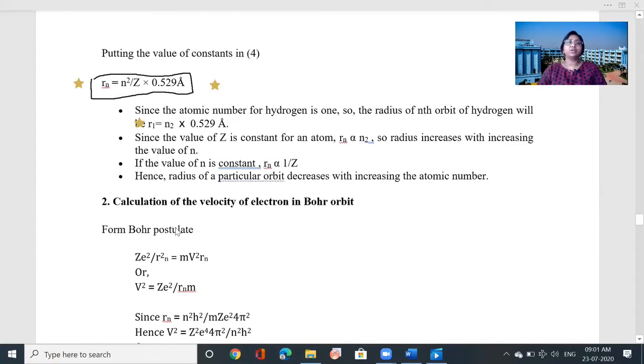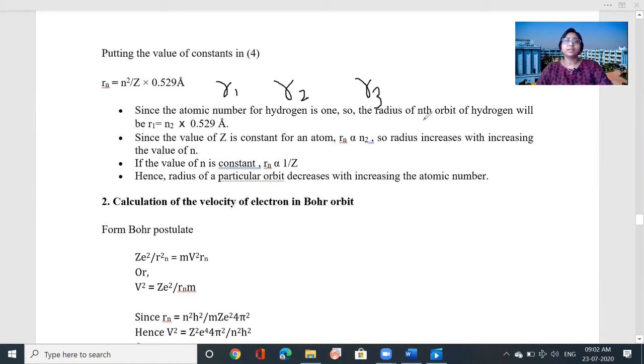You can take R2, you can take R3, that is your task: first calculate for R1, then for R2, then for R3.